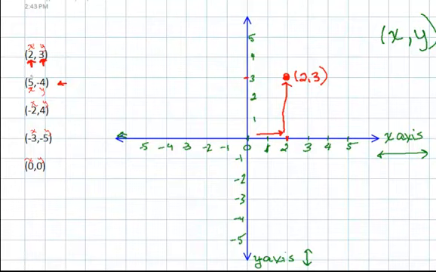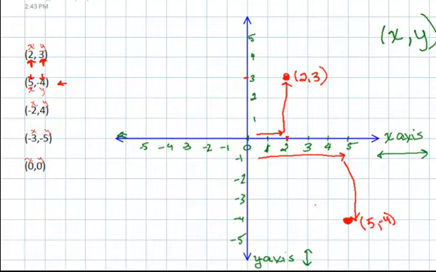And this is saying to the right 5, down 4. So the negative tells me that I'm going down. So to the right 5, and then down 4. And there's our point. Sorry about that little curvy mess that I just did there. So that's (5, -4).